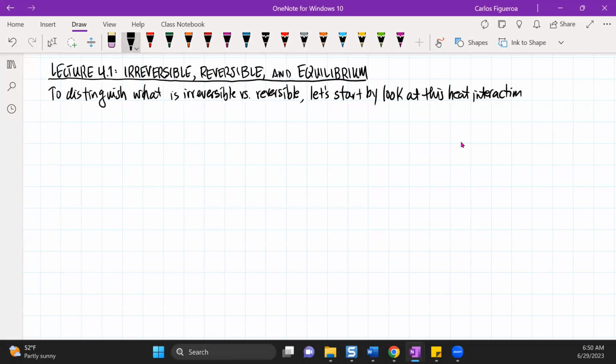So what we're going to do here is compare two heat interactions. I'm going to have a container, let's say like this, and then a separate container.